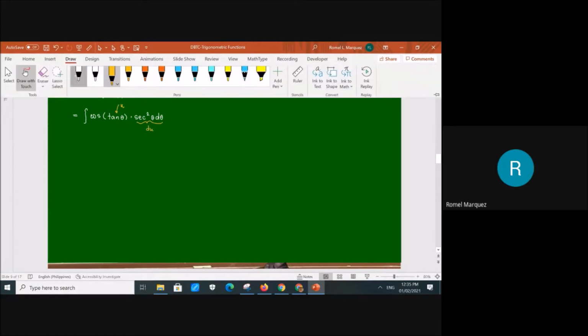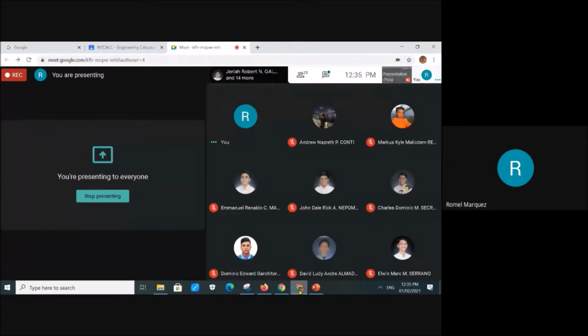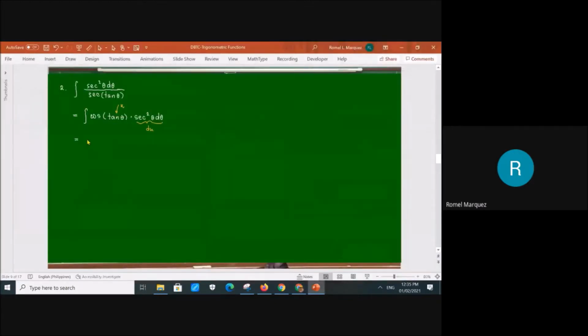What's the answer if it is the integral of cosine u du? It is sine u, okay? But what is my u, guys? Tangent theta. Very good.